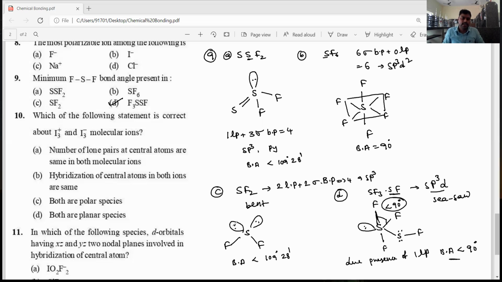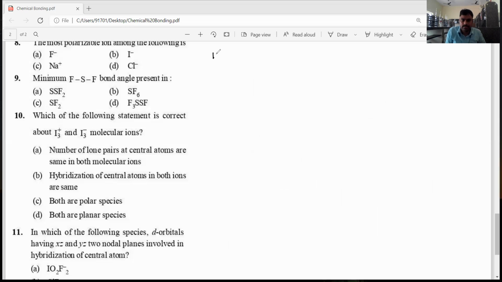Let's see the 10th question, dear students. What is the given 10th question? The given 10th question is, which of the following statements is correct regarding I3 plus and I3 minus. Here the central atom is iodine, having a plus charge.